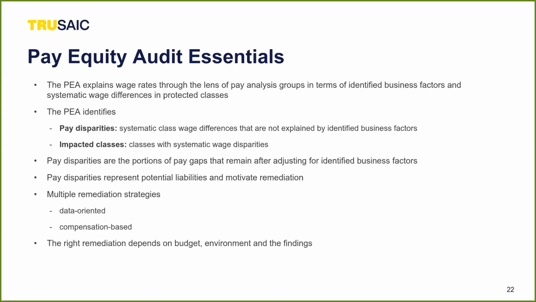All of those elements of diversity, equity, and inclusion, and broader notions of equity are part of the larger umbrella that we're talking about here. We'll talk in a minute about how the pay equity audit fits into that broader set of concerns.